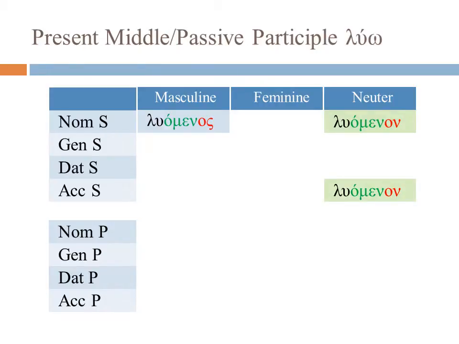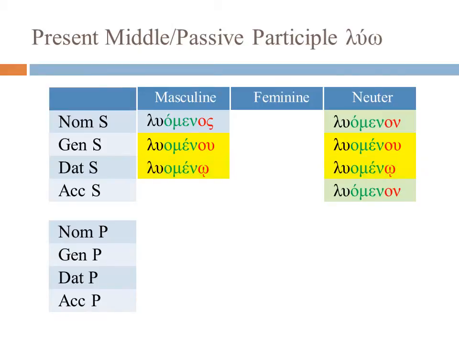So, neuter, luomenon. The same in the nominative and the accusative, luomenon. Genitive is going to be the same, luomenou, logos, logou. Dative, iota subscript, luomeno, logos, logou, logo. And then the ending is going to have a nu all the way across, luomenon.